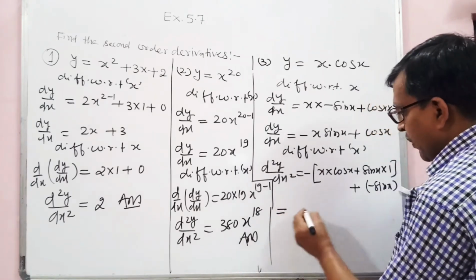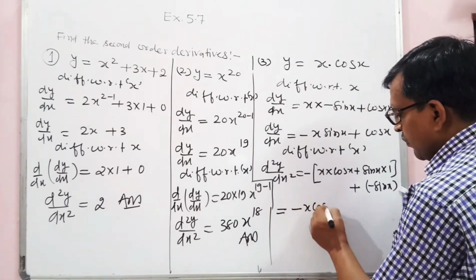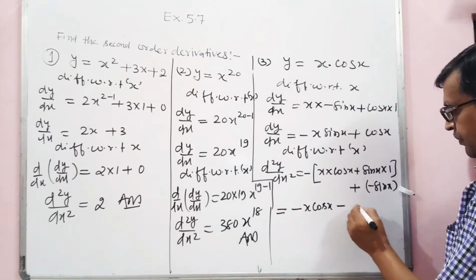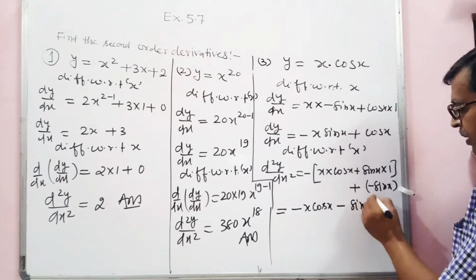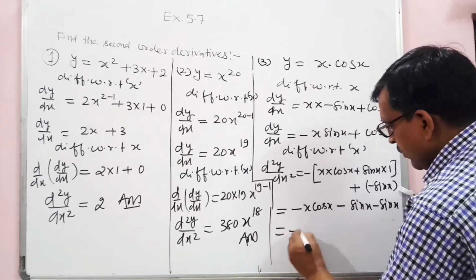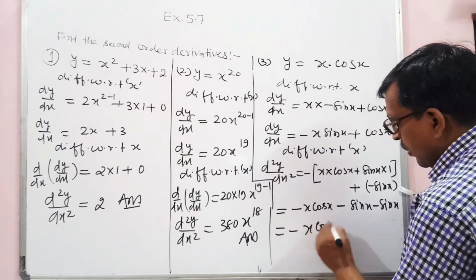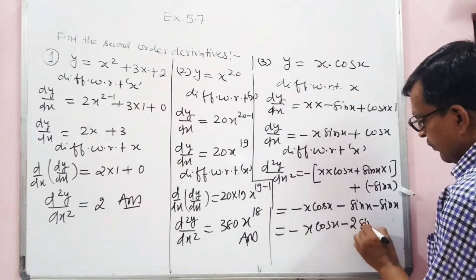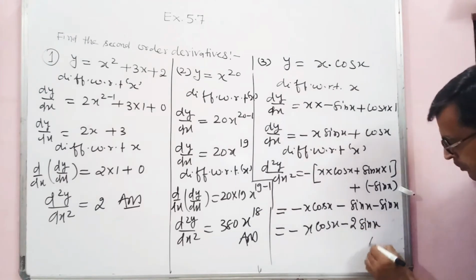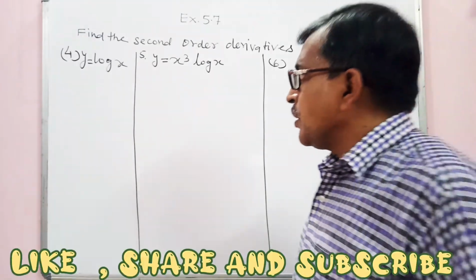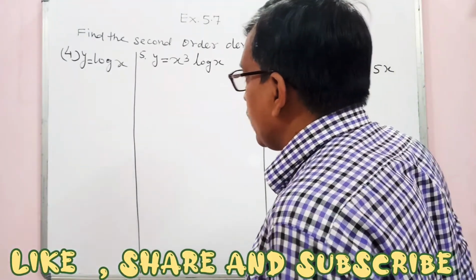So we get minus x cos x minus sin x minus sin x, which is minus x cos x minus 2 sin x. Answer.